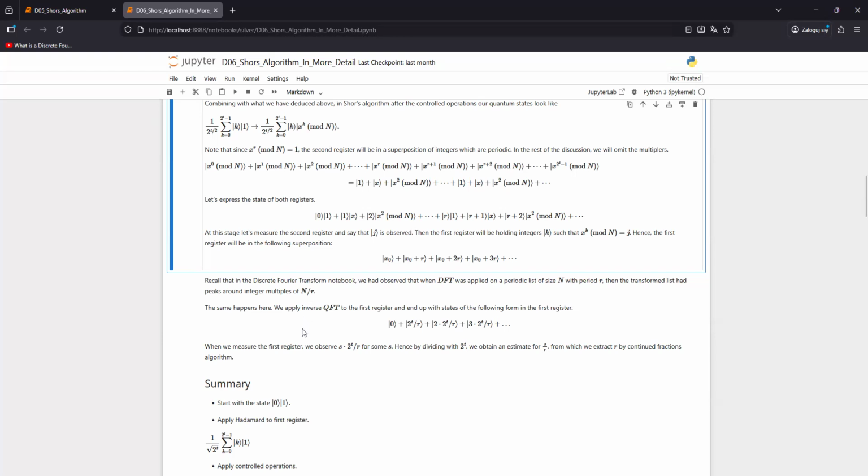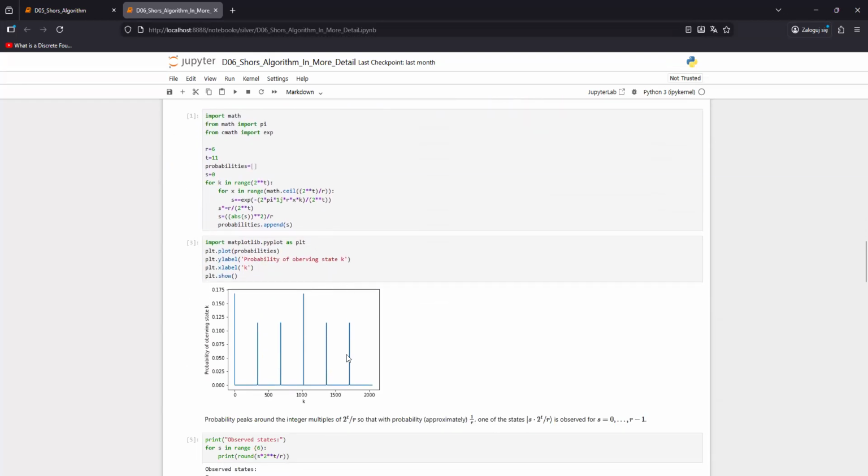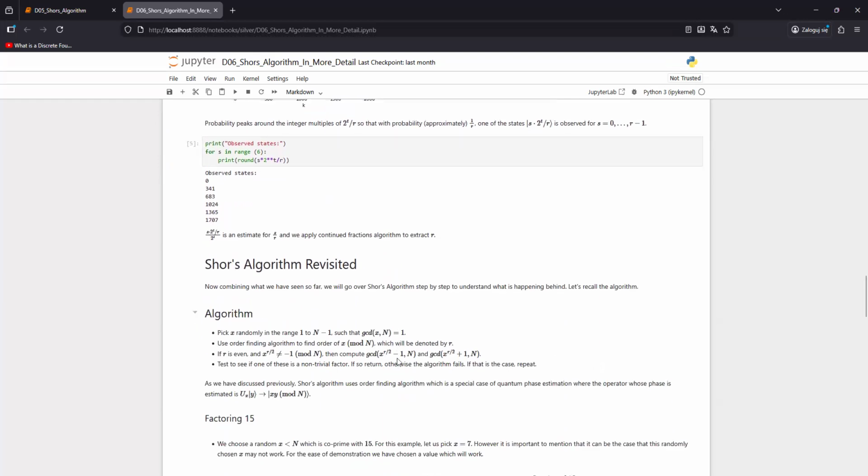So we need to apply the Fourier transform to invert this result, to go from n divided by r to r divided by n, and to change the number of occurrences to frequency and the other way. So here we have basically how to apply the QFT, but with other mathematical notation. Yes, here is what we have seen.